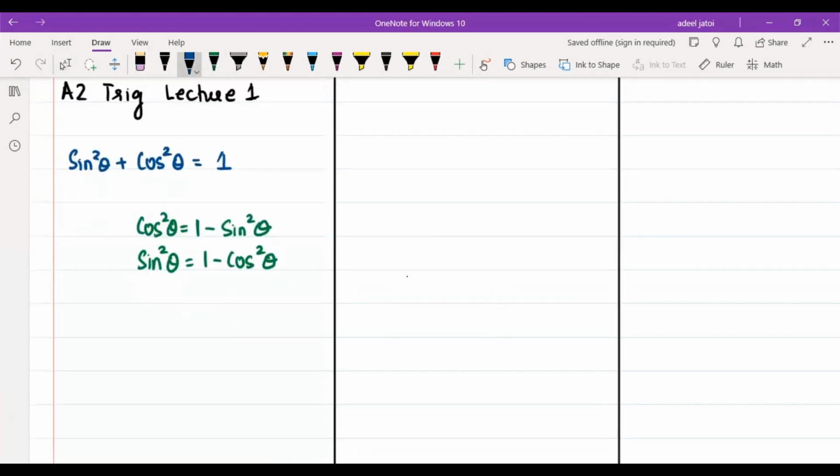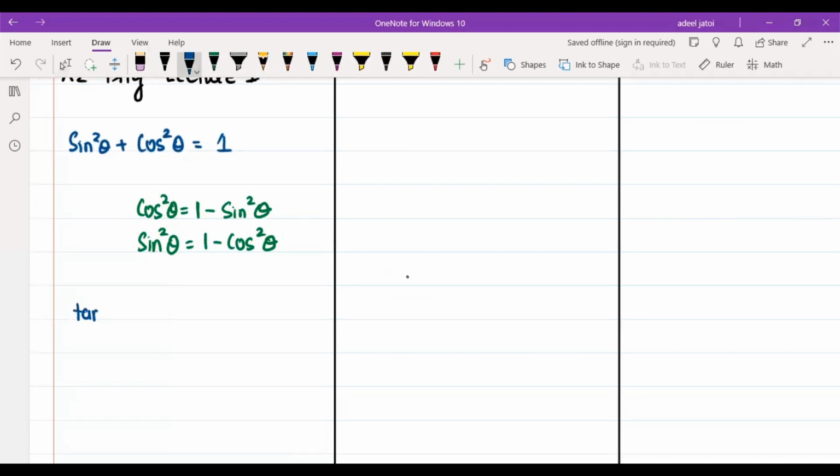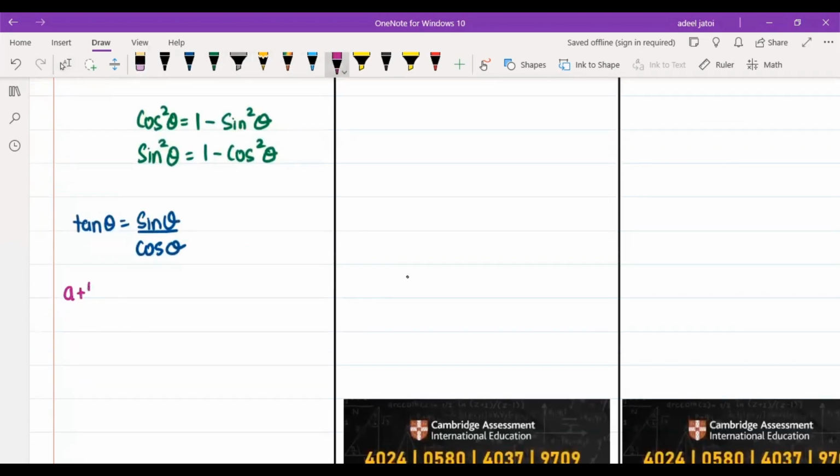Apart from this, you have also studied tan theta, which is sine theta upon cos theta. These identities were applied together with other identities, such as your basic O-level identities: a plus b whole square is a square plus 2ab plus b square, whereas a minus b whole square is a square minus 2ab plus b square.